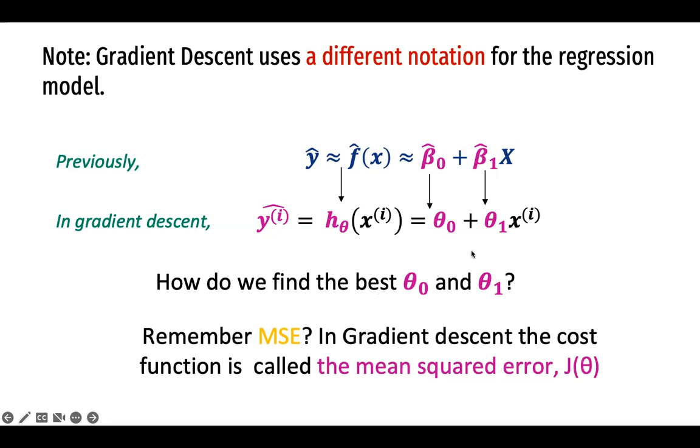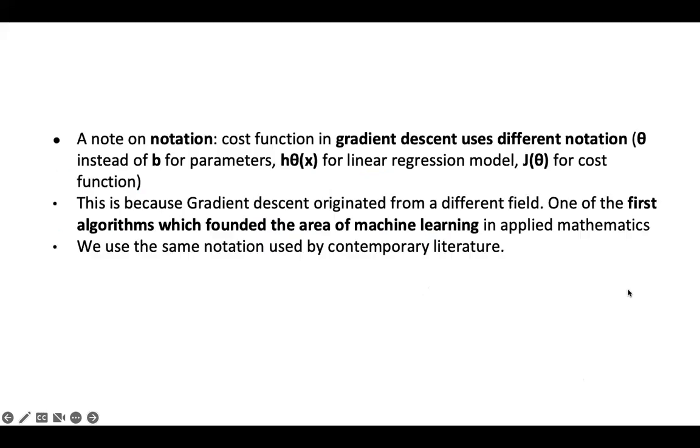Now, since the notation has changed, our goal is to find the optimal theta 0 and theta 1, where theta 0 is the weight of the bias and theta 1 is the weight of the first predictor. We can do that by using a cost function. In gradient descent, the cost function is called the mean squared error, J theta.